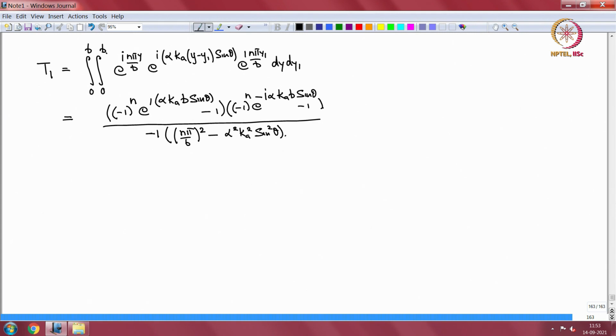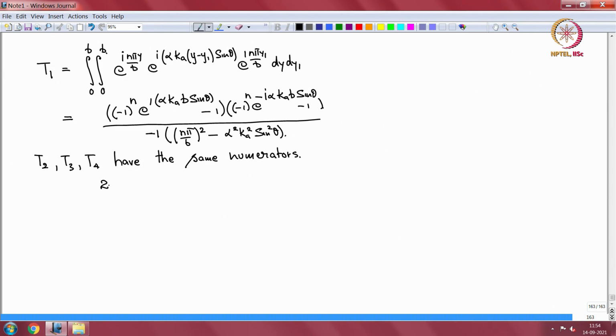Okay, then let me just say that T2, T3 and T4 have the same numerators, which simplifies to what?